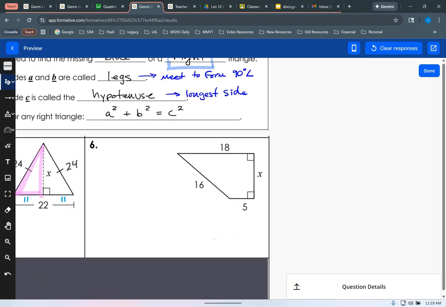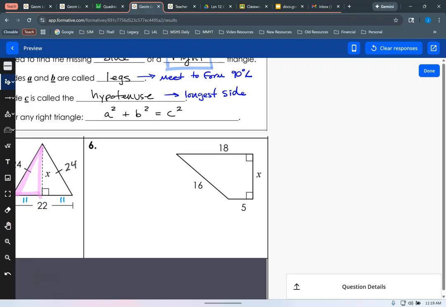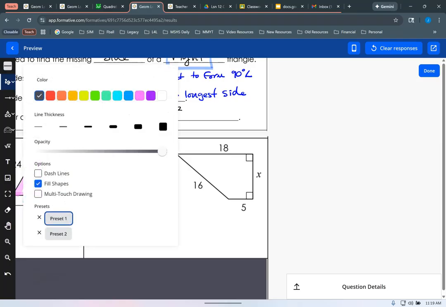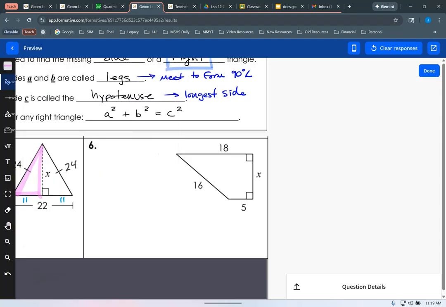All right, now we have some right angles, but we don't have a right triangle necessarily. You forgot to freeze it. There we go. Okay, we're looking for this length right here, but this length isn't part of a right triangle yet. But what if I just drew a matching line like that?